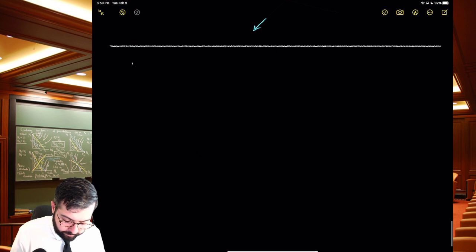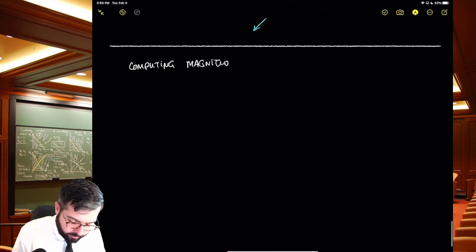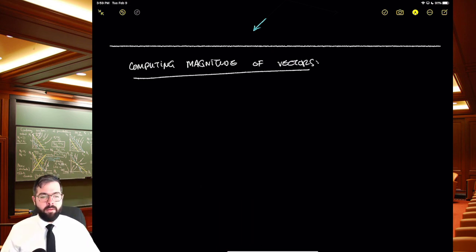So, computing magnitude of vectors. How do we find the length of a line segment in R2 or R3? Well, we played with this a lot last time, right? We used the distance formula between 2 points.